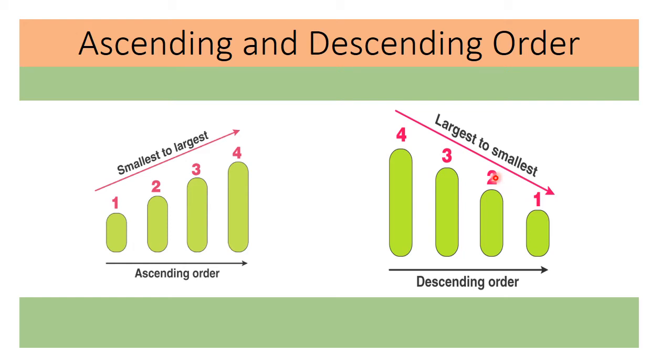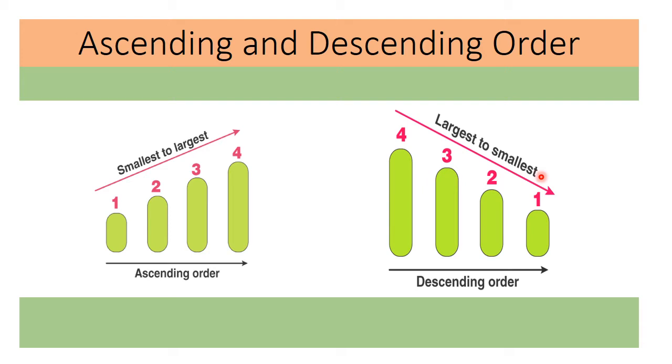All we have to remember is that whenever we arrange the numbers from the smallest to the largest, that kind of order is called ascending order or increasing order. And whenever we arrange the numbers from largest to the smallest, that kind of order is known as descending or decreasing order.